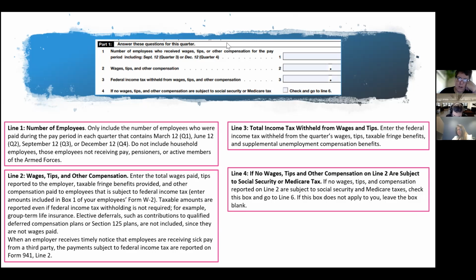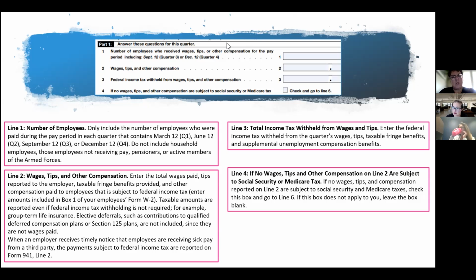If you have a third party that pays sick pay, and those payments are subject to federal income tax, they are reported on this line. That third party may have already paid the taxes, the employee portion of the taxes, but you're still going to include the wages that they receive from that third party that paid those sick wages.